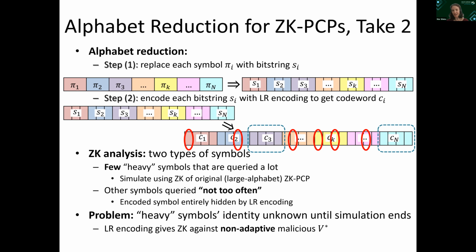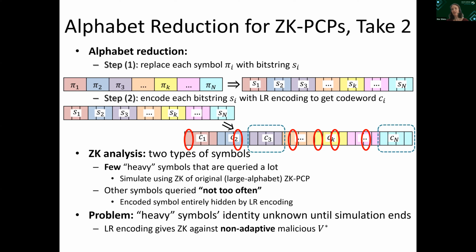And I want to pause here to explain the difference in the adaptivity of the honest and malicious verifier. Having a non-adaptive honest verifier, which is what we set out to get, is a feature of the system. It means that you can get soundness by just performing one round of queries to the proof. So that's great.